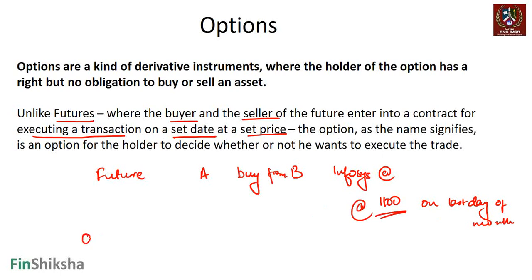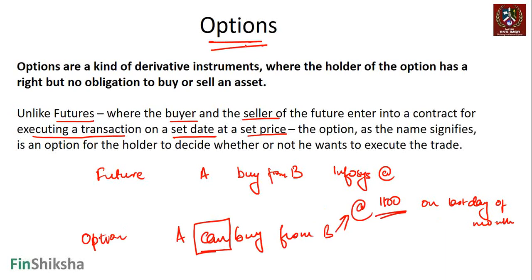In the case of an option, it says A can buy from B and everything else remains the same. Now the keyword here is A can, which means there is an option, a choice which is available with A, right? Now when will A buy from B at 1100? When market price is greater than 1100.